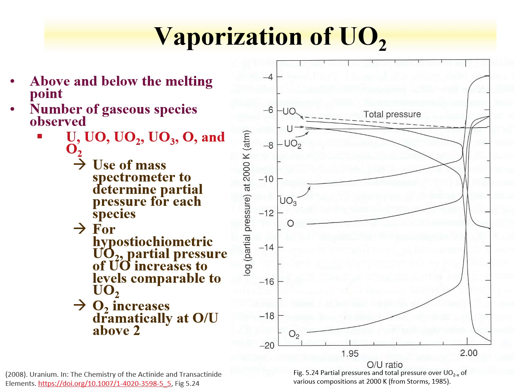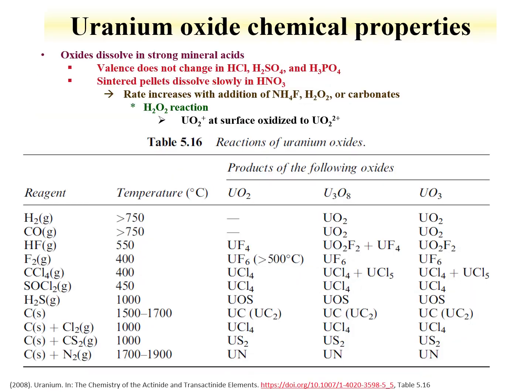So fuel can be tuned so that the material will have properties of a certain oxygen to uranium ratio so that the fission product chemistry can be controlled. And the way one determines the oxygen to uranium ratio is through the enthalpy experiment that was done earlier or this vaporization experiment. So an overview of the chemical properties of uranium oxide is shown here.